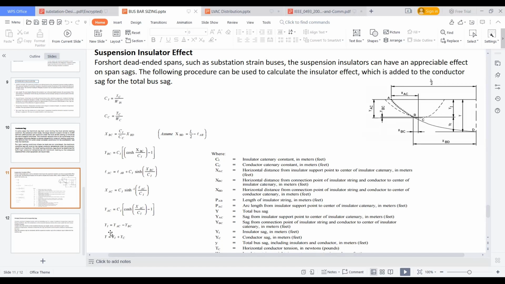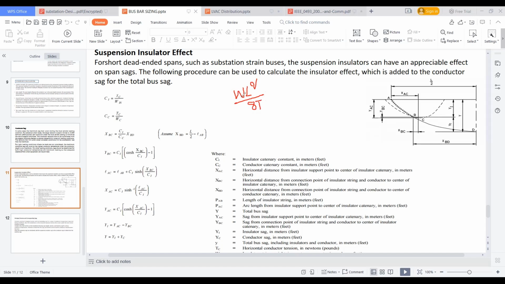Now you can ask, okay, from these formulas I got the insulator sag, so how to calculate the conductor sag? The conductor sag is calculated based on many factors. Generally, in some cases, they will consider the maximum sag of the conductor. The maximum sag formula is W L square by 8T.